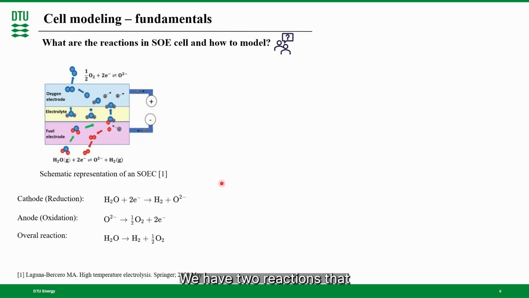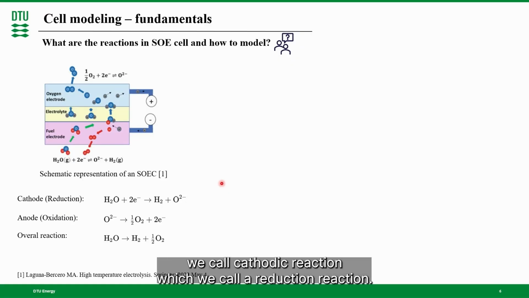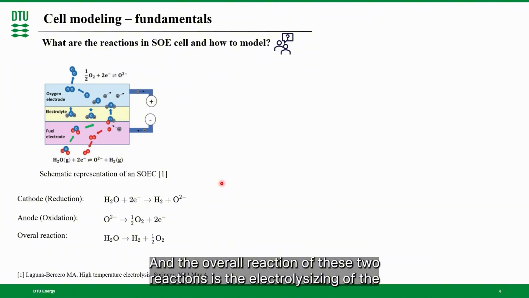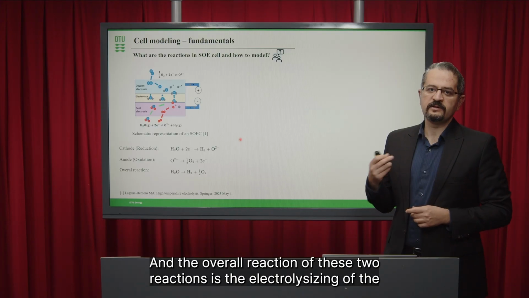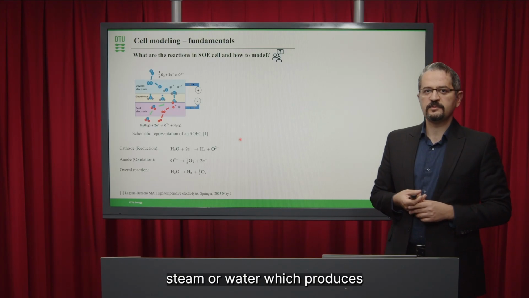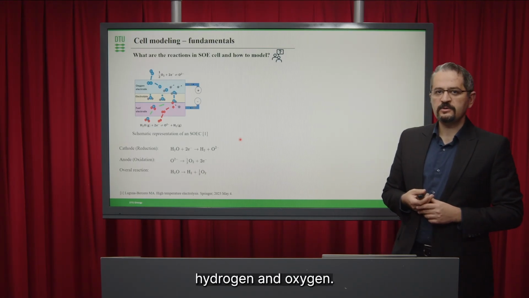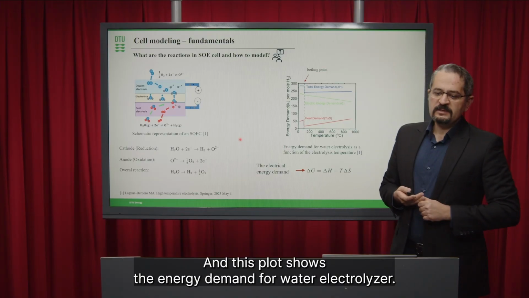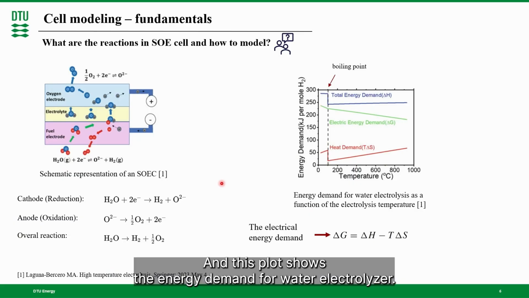We have two reactions: the cathodic reaction, which is a reduction reaction, and the anodic reaction, which is oxidation. The overall reaction of these two is the electrolyzing of steam or water, which produces hydrogen and oxygen. And this plot shows the energy demand for water electrolysis.